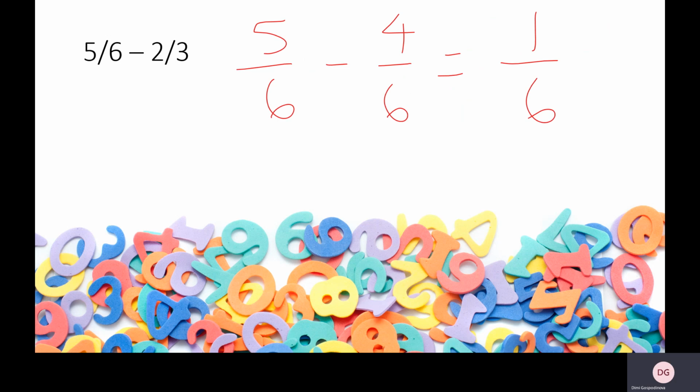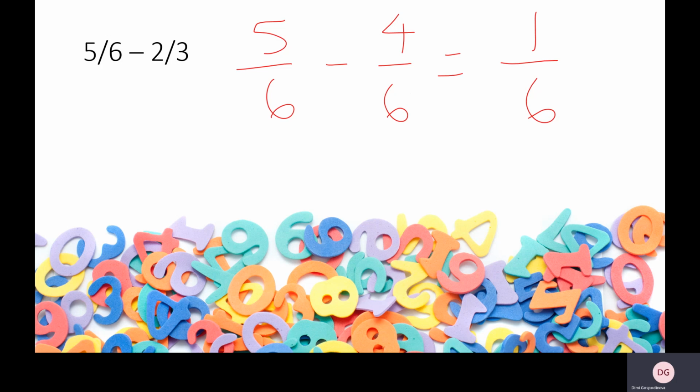And in this case, 5/6 and 2/3, again, not the same denominator. The common denominator, the smallest common denominator, is 6, because 3 goes into 6. Which means that we will need to be multiplying the second fraction 2/3 by 2, so both the top and the bottom number. So 5/6, if we multiply the second number, that will give us 4/6.